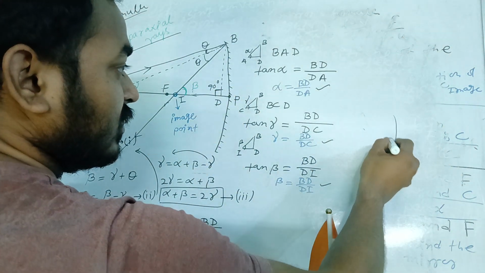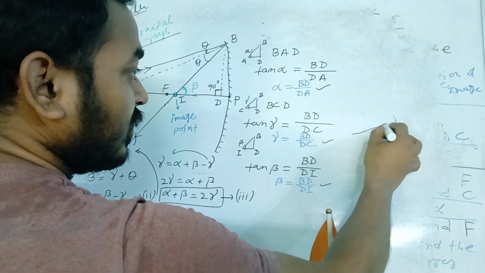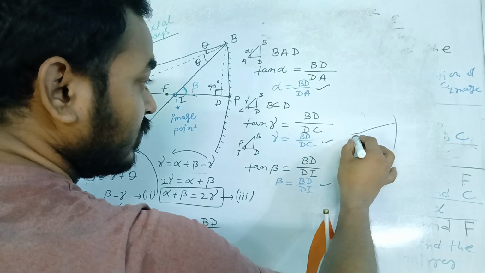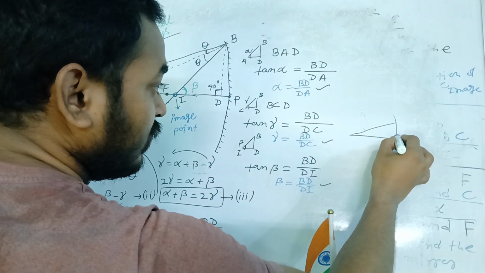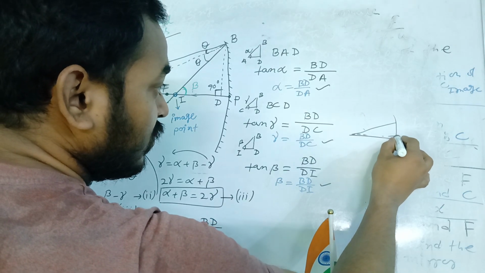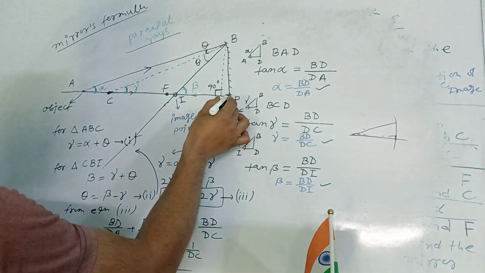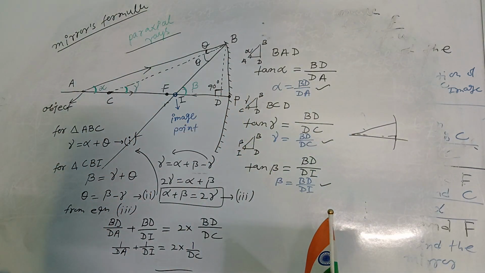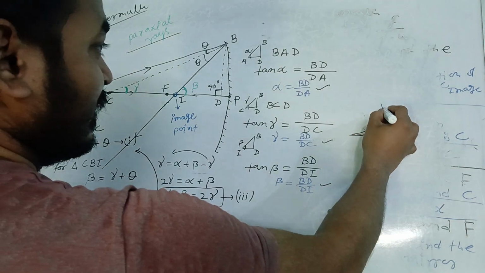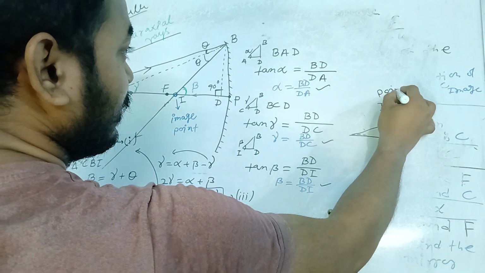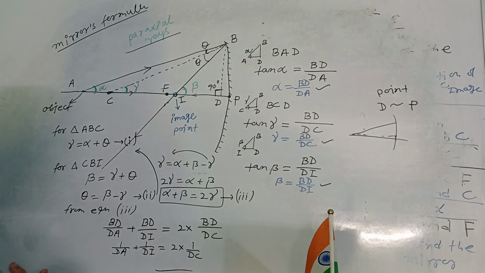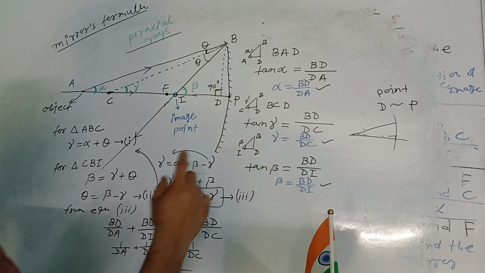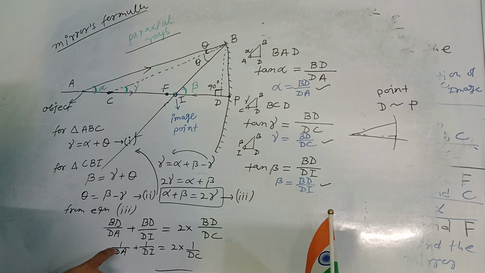In the drawing we show the incident ray like this, but it is very near to the pole. If you draw the normal, these D and P points are actually very close. So this D point is very close to P. So see the distance DA, DA means D to A.